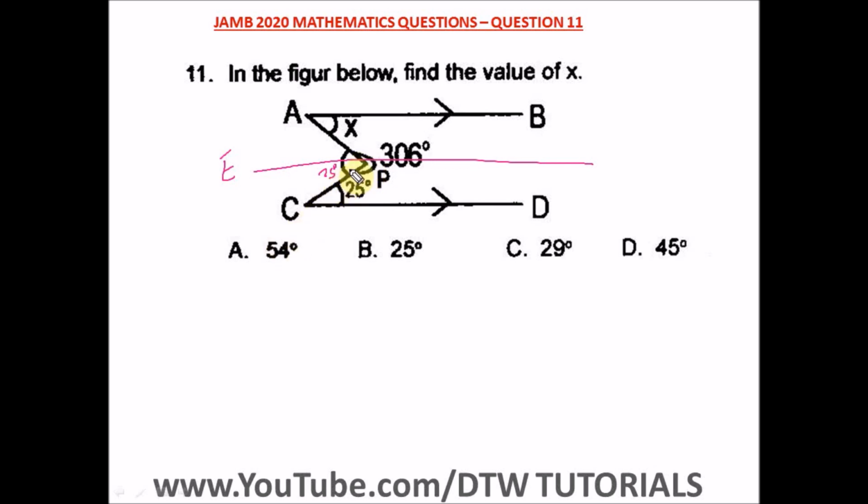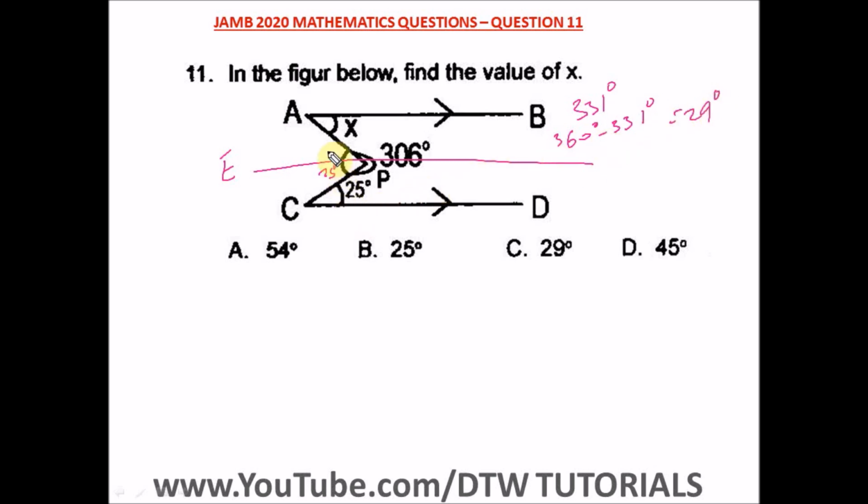So we have 306 plus 25 plus 25, which will give us a total of 331 degrees, and we take that from 360 degrees, we will have 29 degrees.